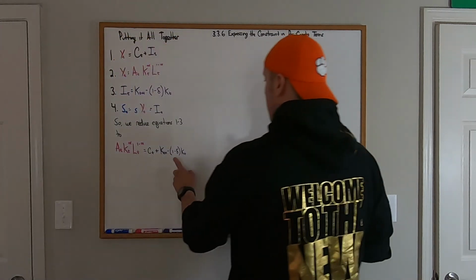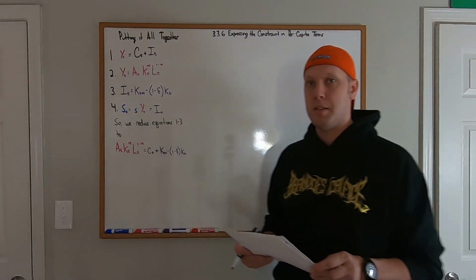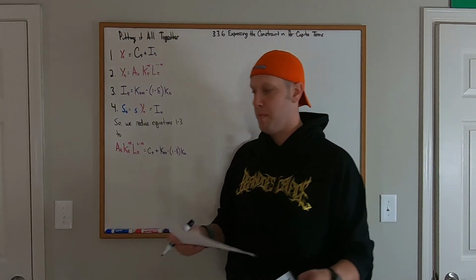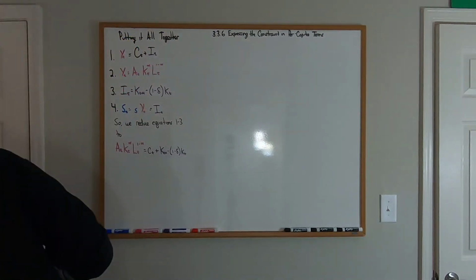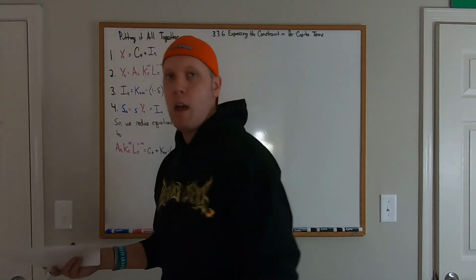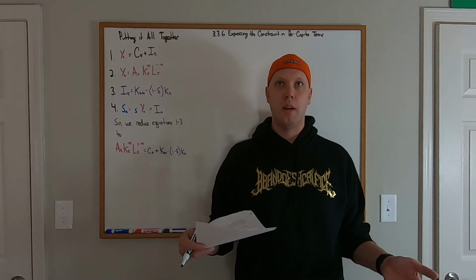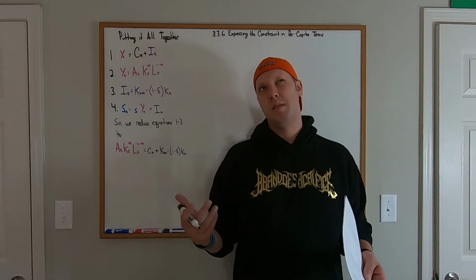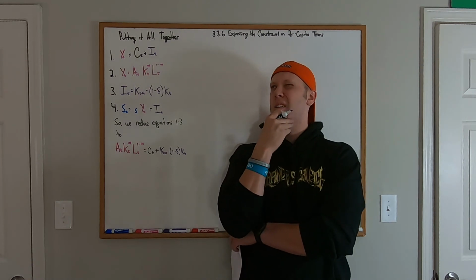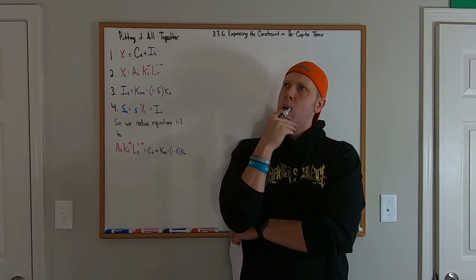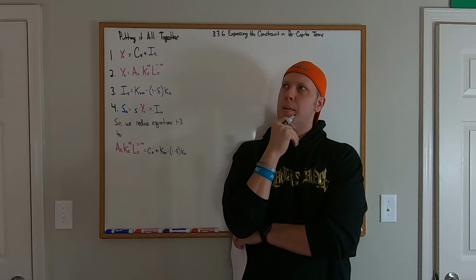All right, so like I said, this guy's aggregate. We don't want this to be aggregate. We want it to be per capita. So if we want something to be per capita, how do we do it? Well, if we have aggregate incomes and we want per capita income, per capita means per head, per person.